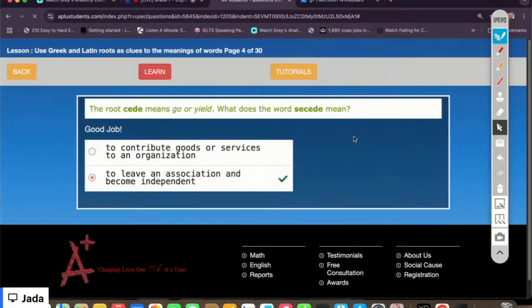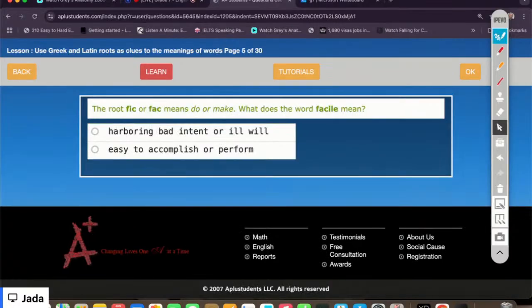Okay, so we have to leave an association and become independent. So we have the root fic or fact, which means to do or make. What does the word facile mean?